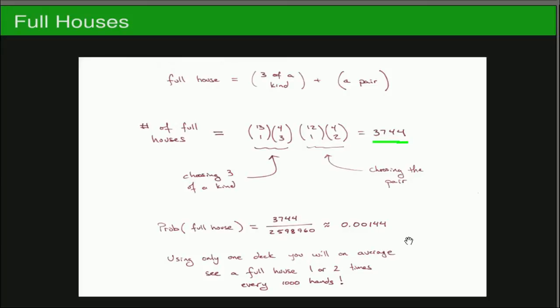So putting that into context, if we have only one deck, then on average we will only see a full house about one or two times out of every 1,000 hands that were dealt.